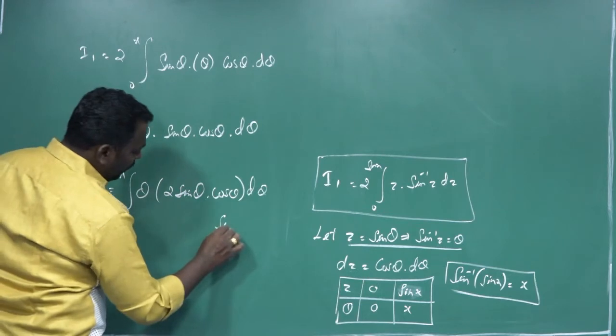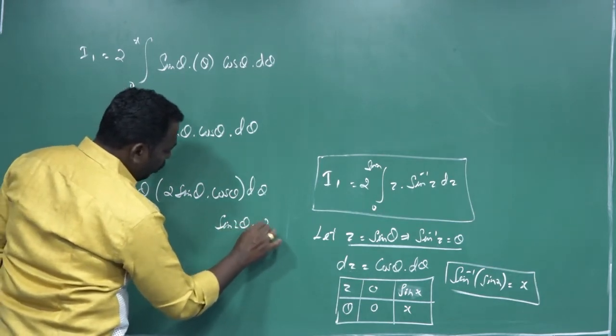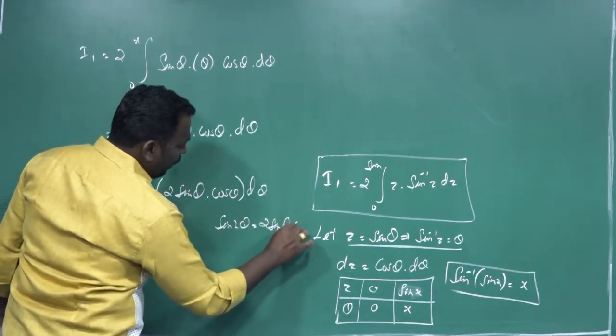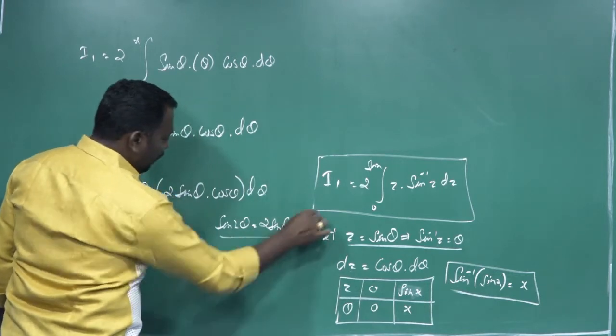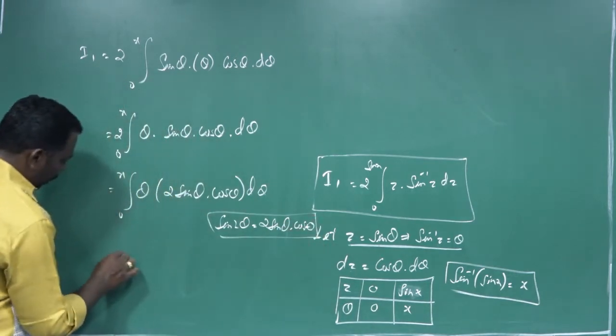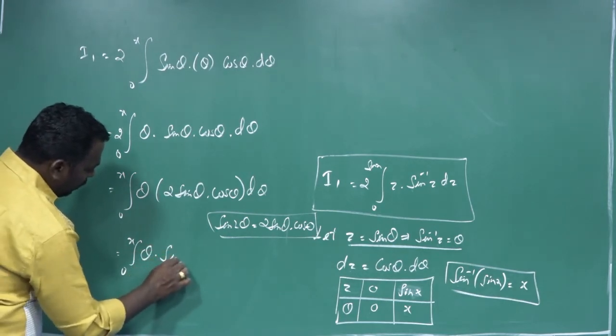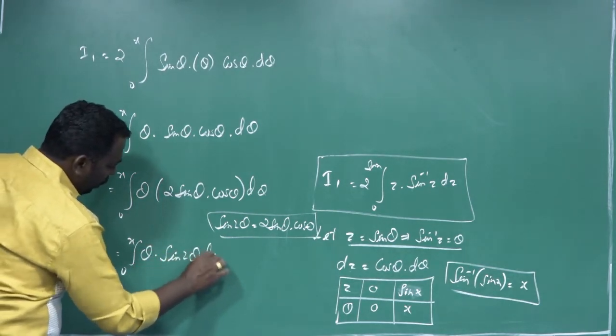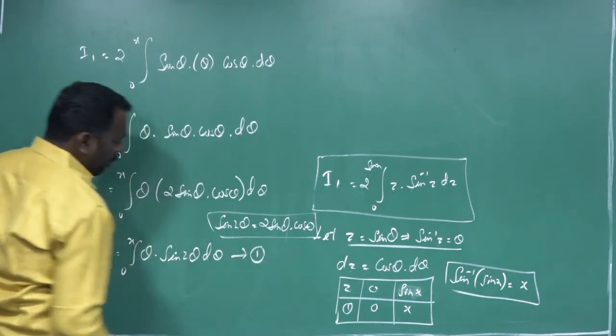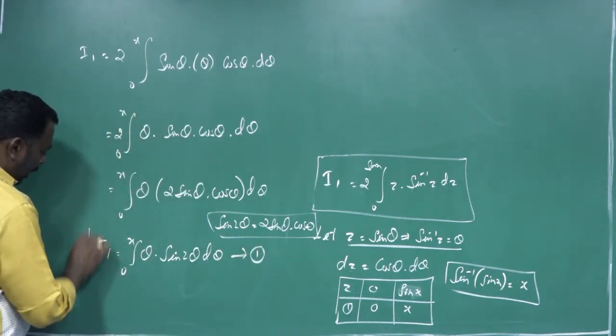Now apply the formula sin 2 theta equals 2 sin theta cos theta. Therefore, that is equal to the integral from 0 to x of theta sin 2 theta d theta. Now we keep this equation as equation 1, called I1.